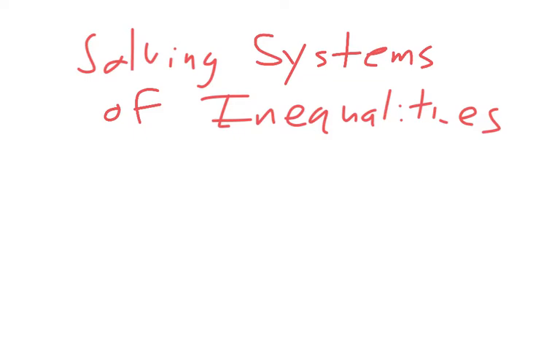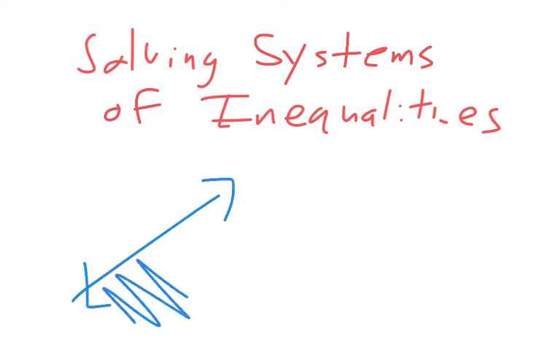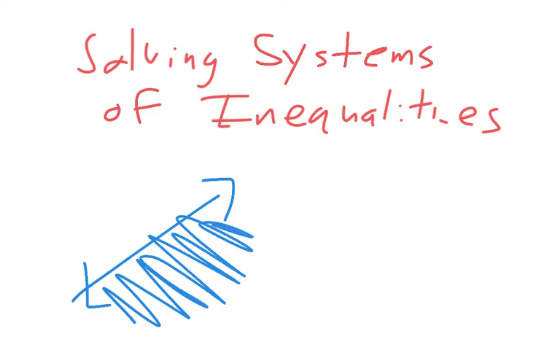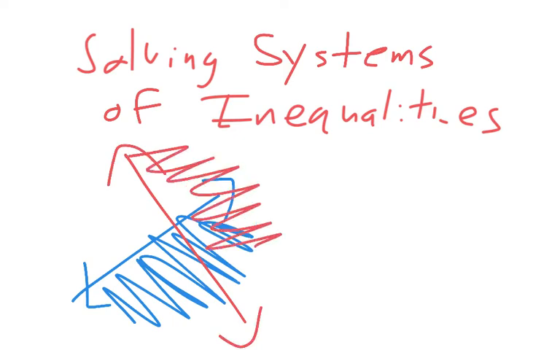So this one has to do with kind of the same process we were doing yesterday, but where they overlap is not going to just be a single point anymore. Because what happens when we graph an inequality? Our answer is not just the line, it's the line and everything that's shaded, right? And then we're going to graph another line, and then we're going to shade everything on that side.